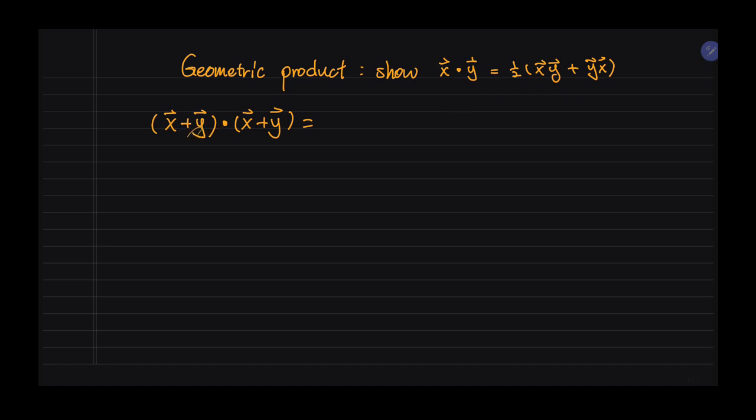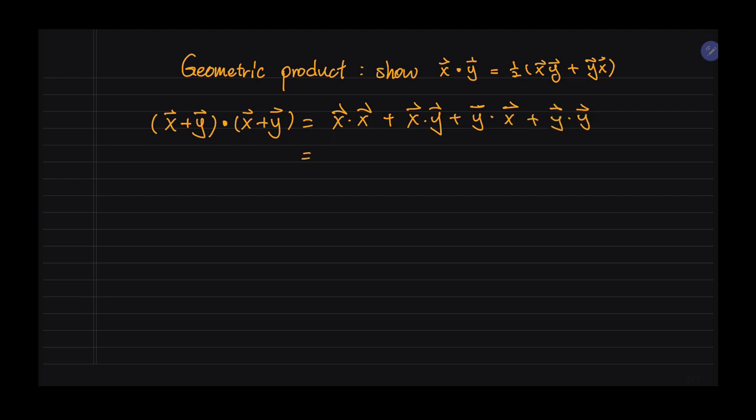First, we use a dot product of x plus y with itself in this relation, and then we expand this equation. You will have x dot x plus x dot y plus y dot x plus y dot y.